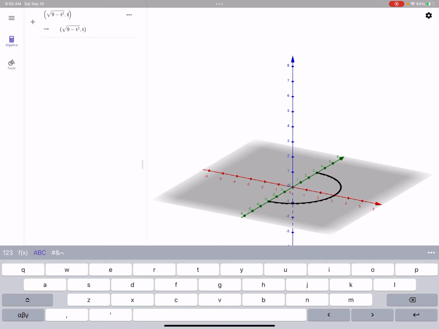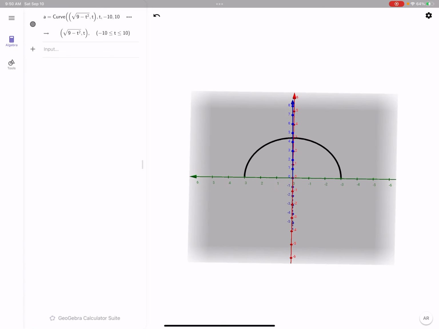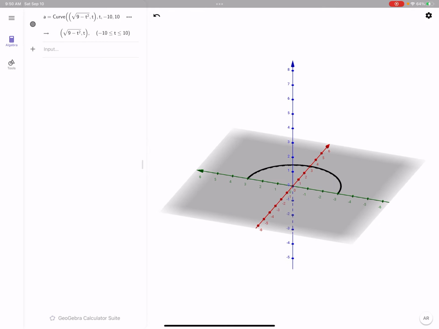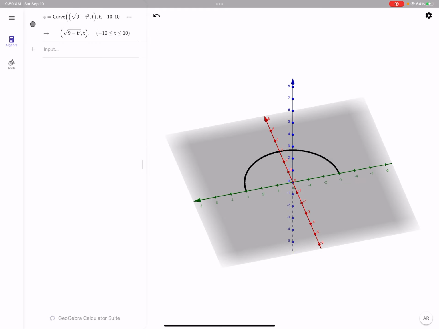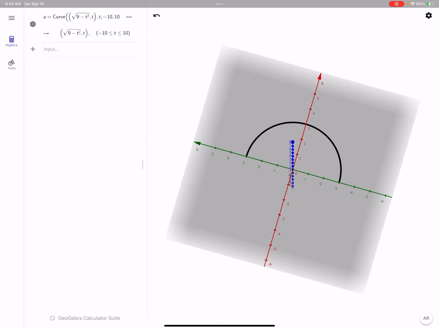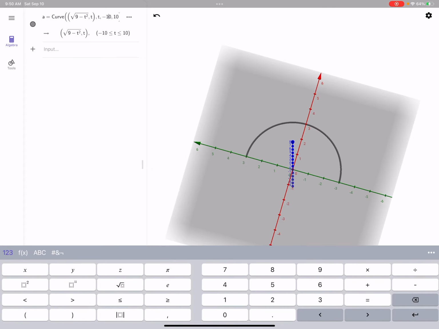So the first thing that we do to understand how the curve behaves is project it onto the xy plane first. So we see this as a semicircle of radius 3. And generally, we're going to want time to be positive. So instead of making this start at -10, let's make this start at 0.